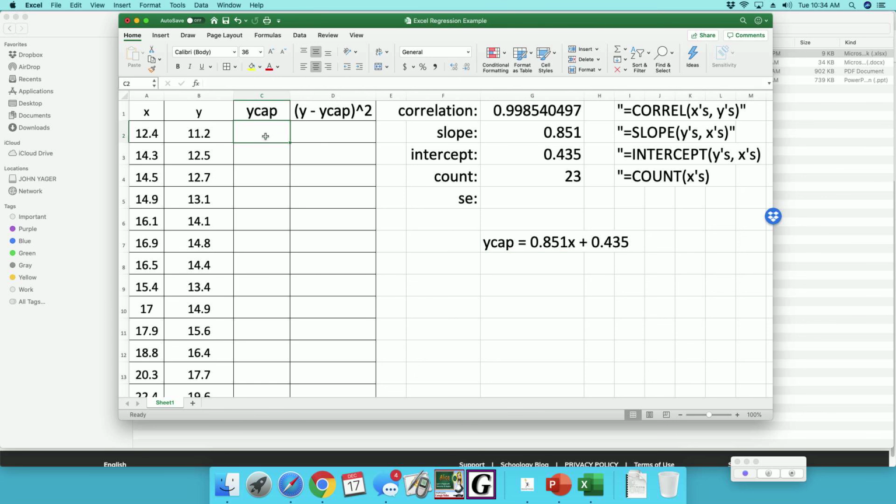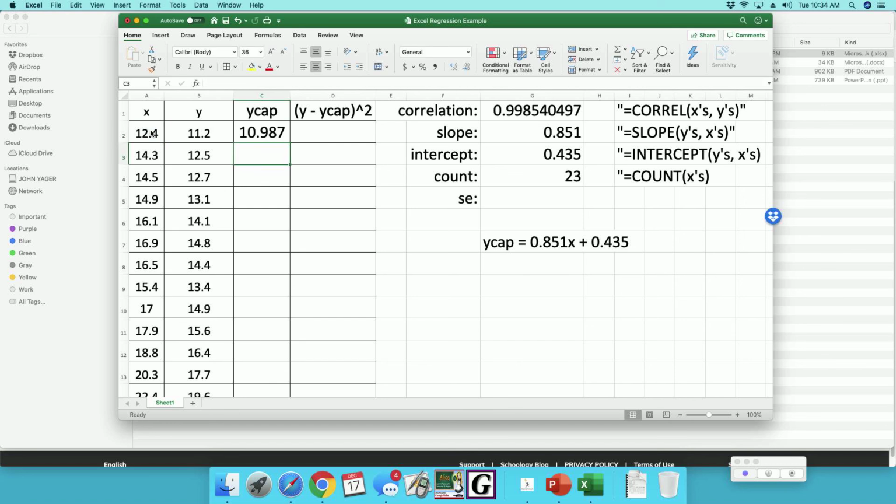We're going to do equals 0.851 times our x, which is A2, plus 0.435.